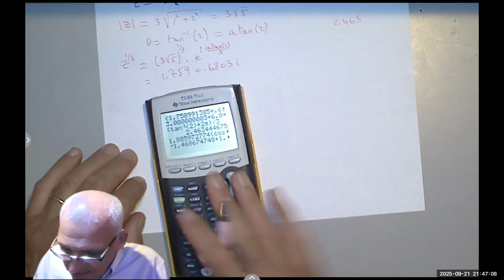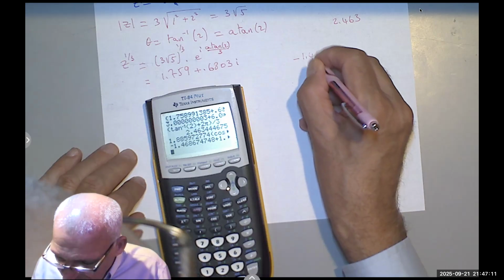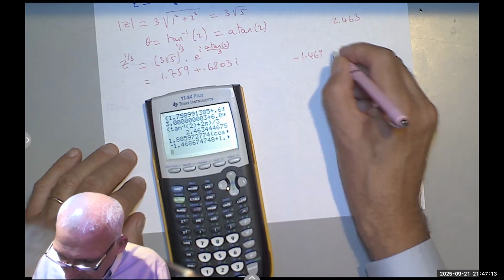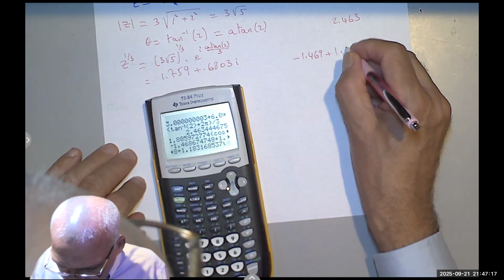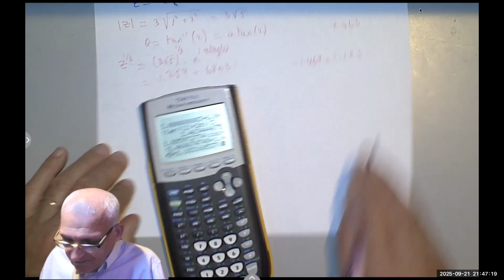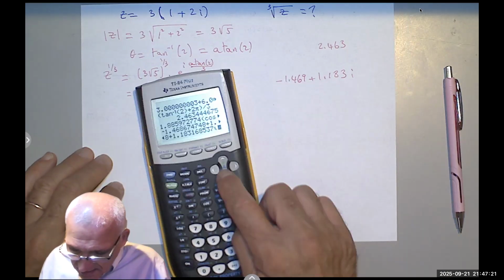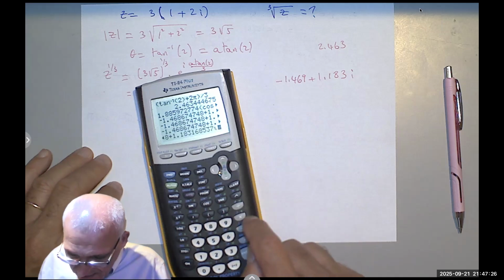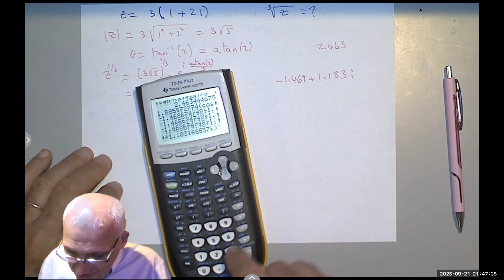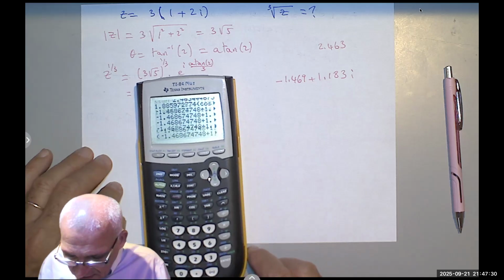I will get negative 1.469 plus 1 point, I hope I did it correctly. So again, I'm going to go down, take this number, close it, and raise it to the power of 3.